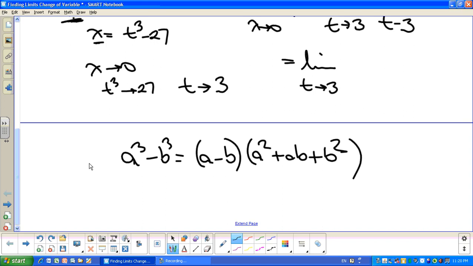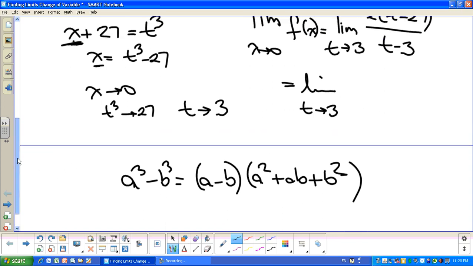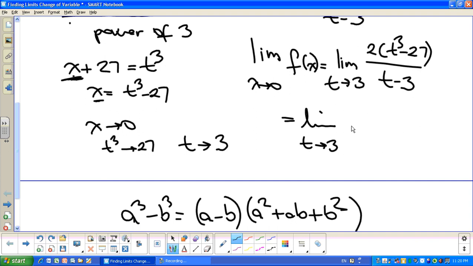Remember? So that part over there becomes 2 times (t minus 3) times (t squared plus 3t plus 3 squared, which is 9) over (t minus 3).